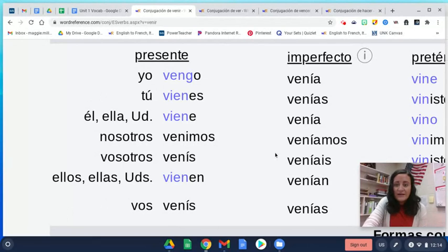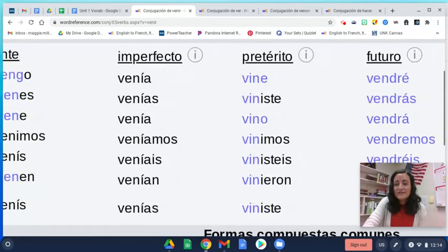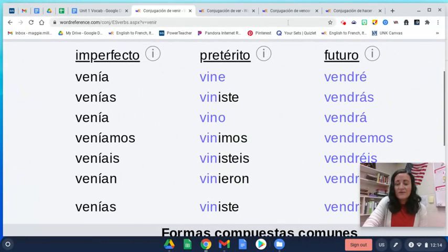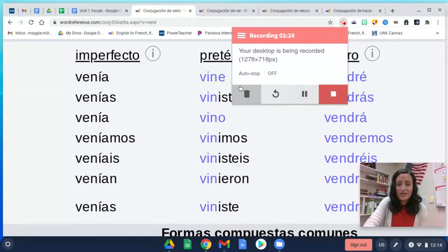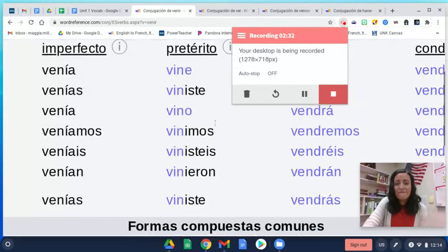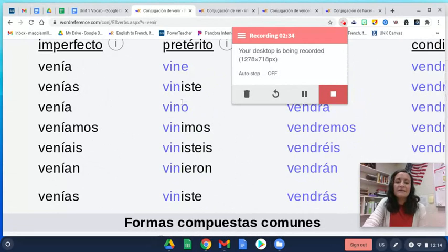Then, when we go to the preterite tense, we've got our irregular conjugations, with the stem of vin. You can see that highlighted all throughout the chart here. We've got vine, viniste, vino, vinimos, vinieron.